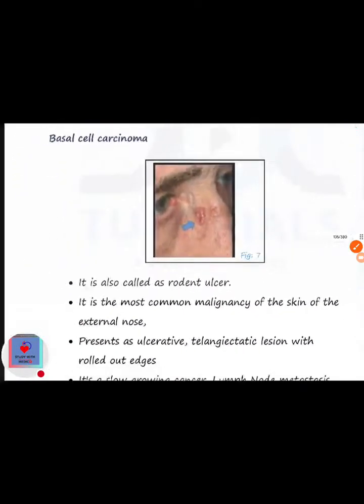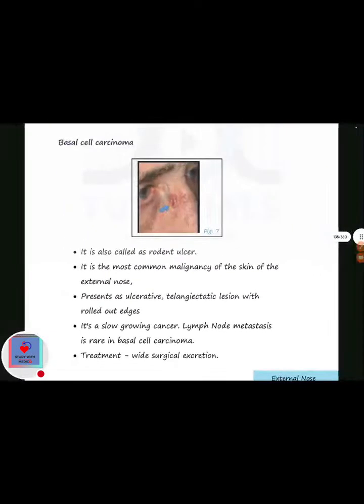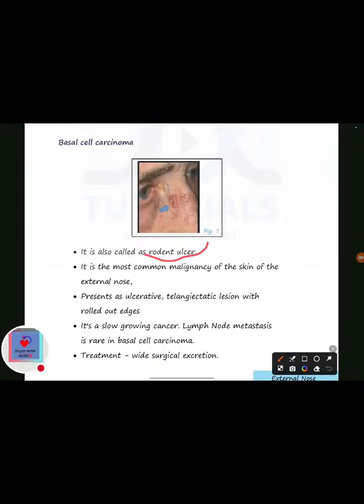Basal cell carcinoma. Basal cell carcinoma is also called a rodent ulcer. It is the most common malignancy of skin of external nose. If external nose skin malignancy is coming, most common is basal cell carcinoma. Think of basal cell carcinoma. It presents as an ulcerative telangiectatic lesion with rolled out edges. It is a slow growing cancer.